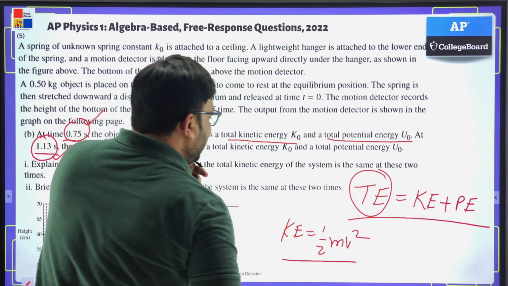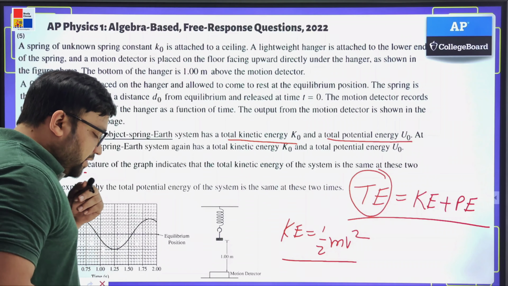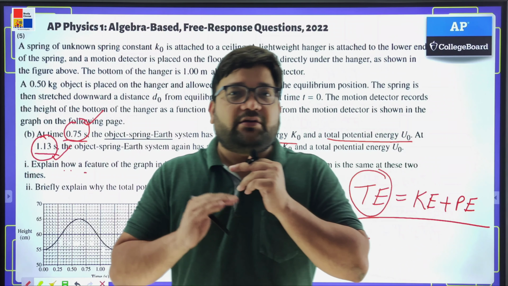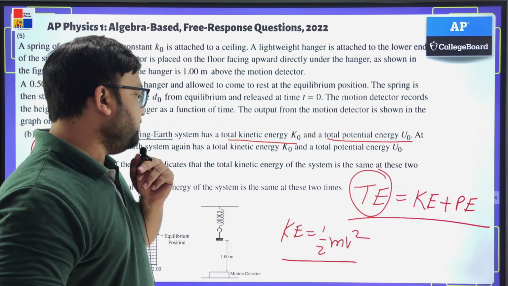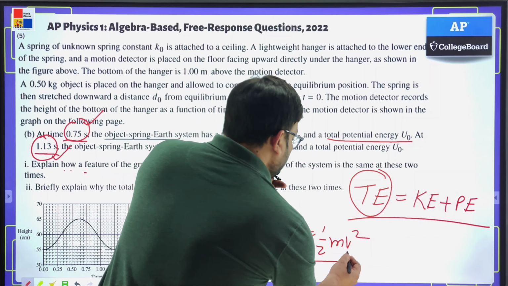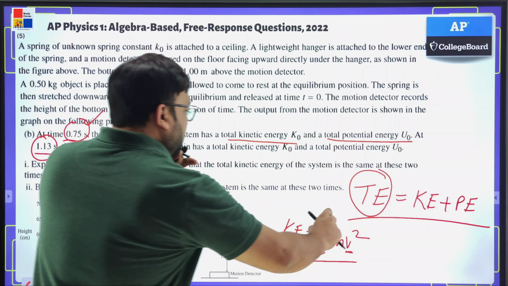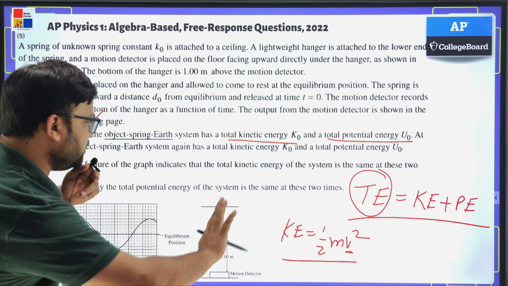I know the kinetic energy is given by half mv square. That means if at two different instants the kinetic energy has to be the same, the velocity, the speed here, the v represents the speed of the object, has to be the same, because the mass m is obviously the same.